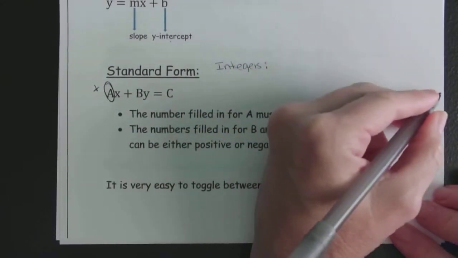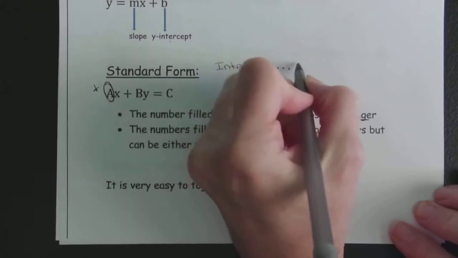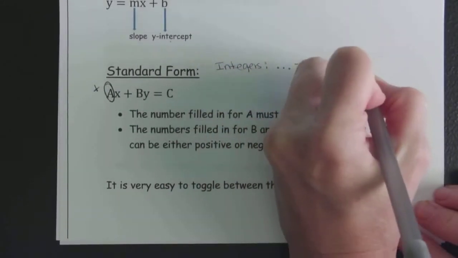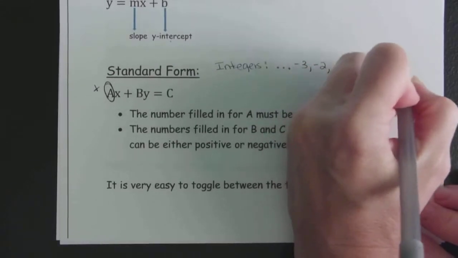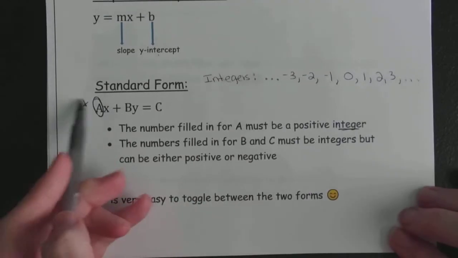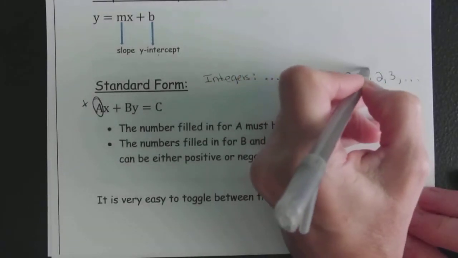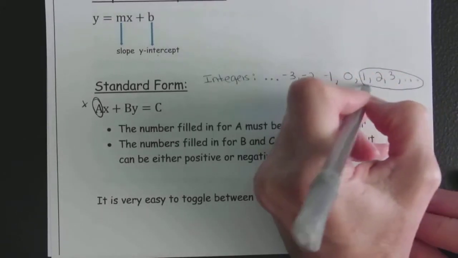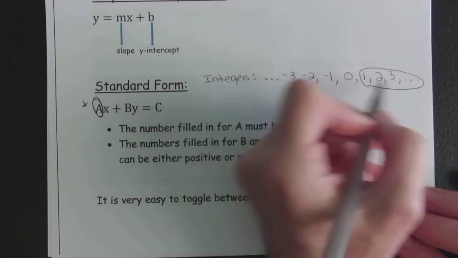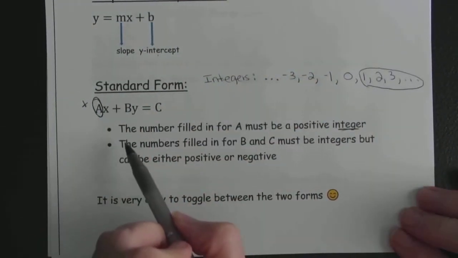I really should say the whole numbers and their opposites. So, ..., -3, -2, -1, 0, 1, 2, 3, .... These are integers, but a has to be a positive integer. So a can only be 1, 2, 3, and so forth.